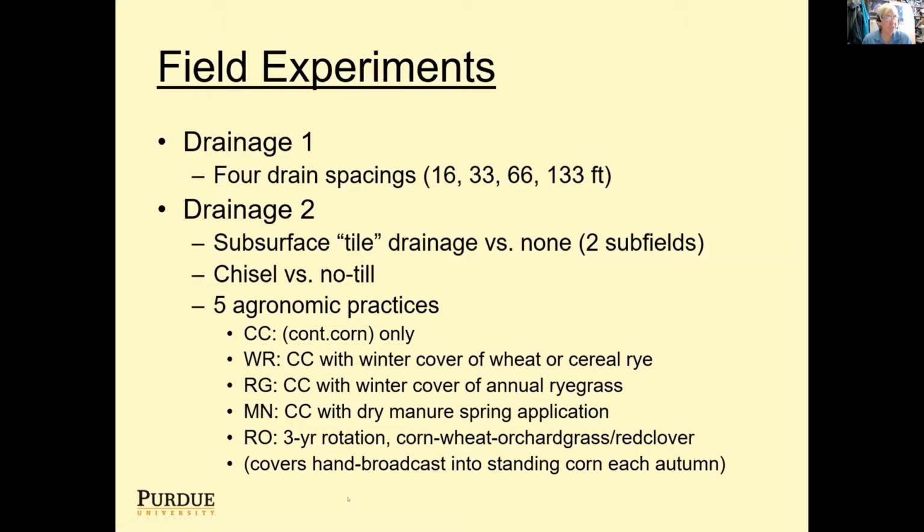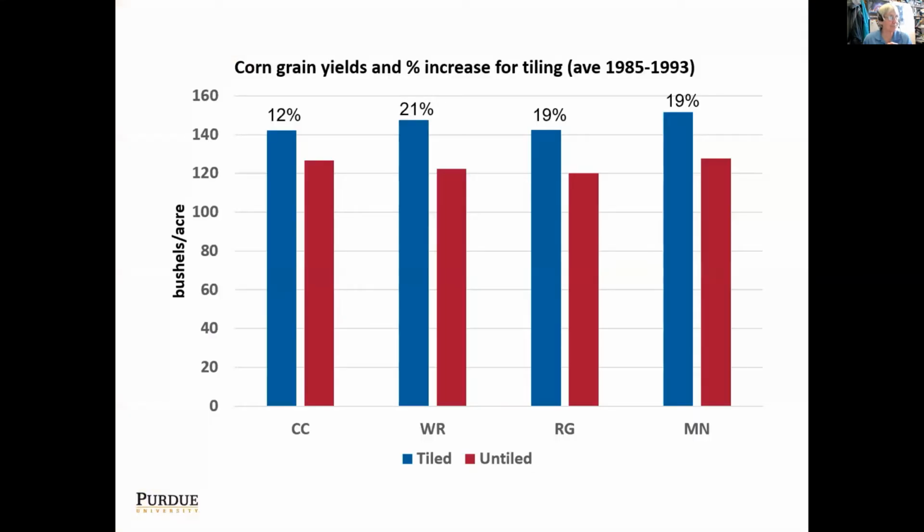At this time, we were hand broadcasting the covers into these plots, into the standing corn each autumn. These were 100-foot long plots, so it was work, but it was doable to hand broadcast these cover crops at that time. So I'm going to show you just a couple of things from this experiment.